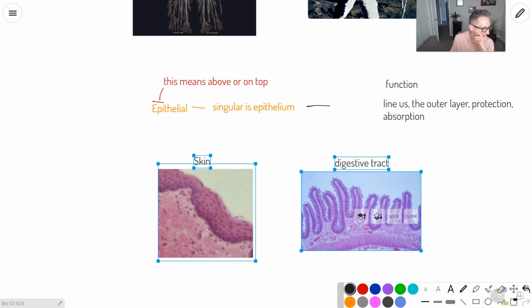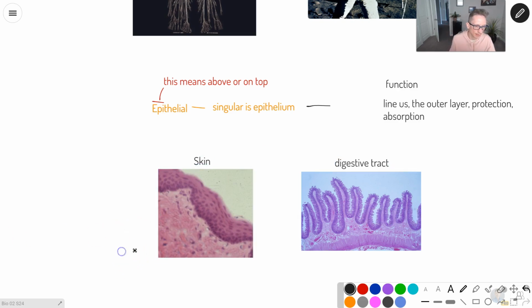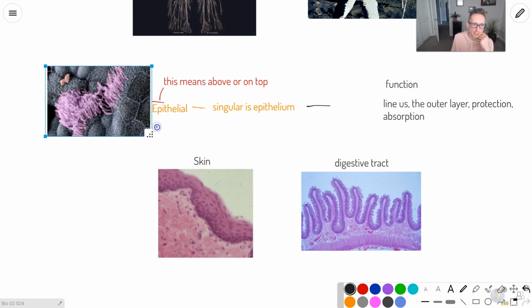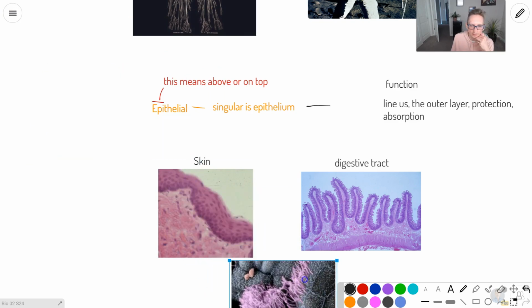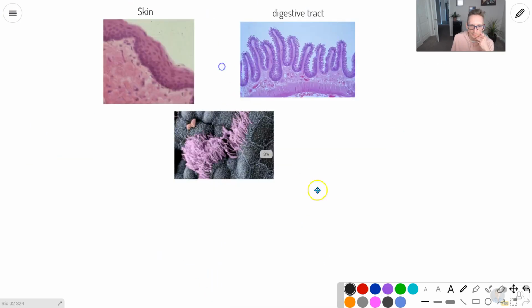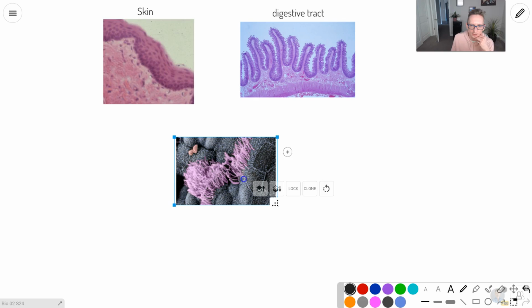And here's another little example of, I believe this is the surface of an embryo, which forms these little ciliated cells later in development. So these little cells have little hairs. So surface of an embryo is an epithelium as well. It's on the outside.